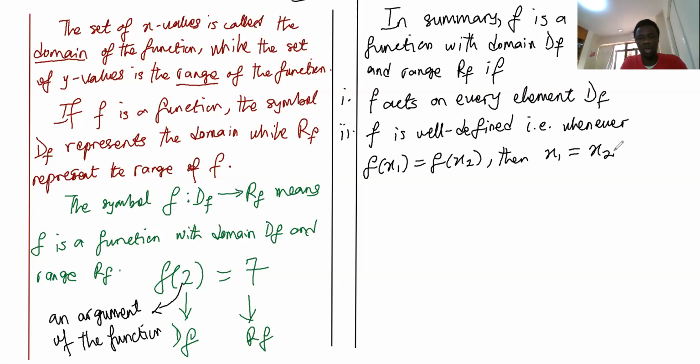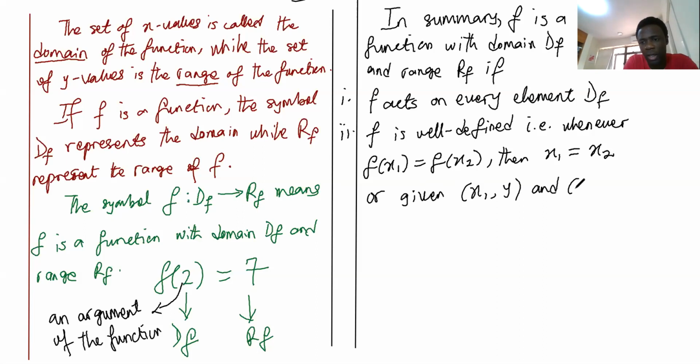Okay, that is the only condition, or let me put it this way: if given x1, comma y, and x2, comma y, can you see the same y?